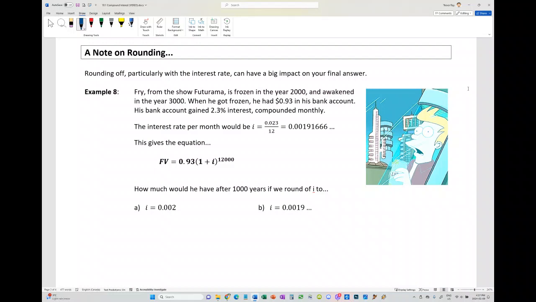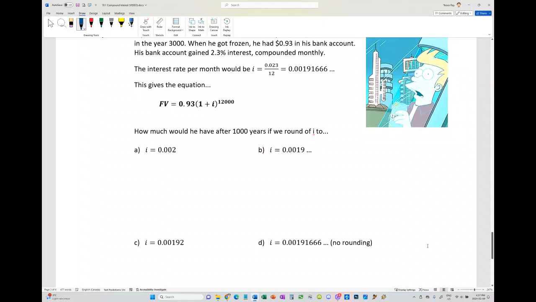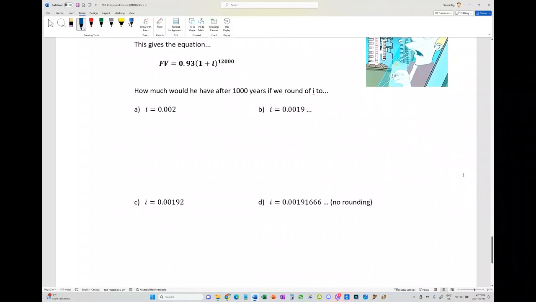So what I'm going to do is I'm going to actually just answer this question 4 times. I realize it seems like overkill, but trust me on this, you'll see why in a second. And what I've done is I've rounded it off a little bit. So I've taken the 0.00191666, I've rounded it off to one significant digit, 0.0019 rounds off to 0.002.